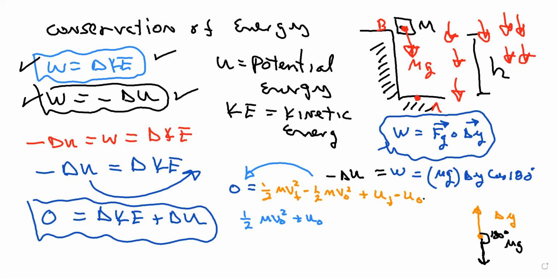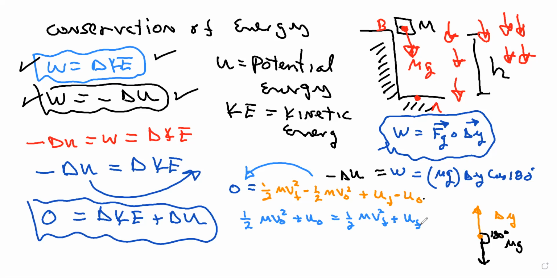And that's going to be equal to 1/2 of the mass times final velocity squared plus potential energy final.